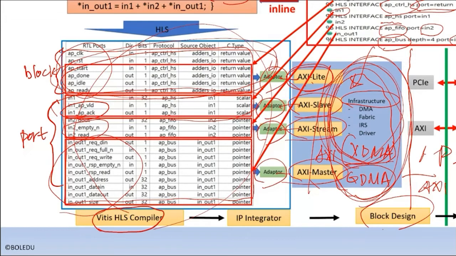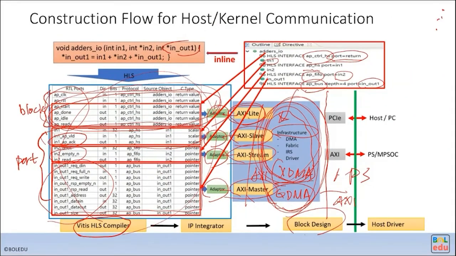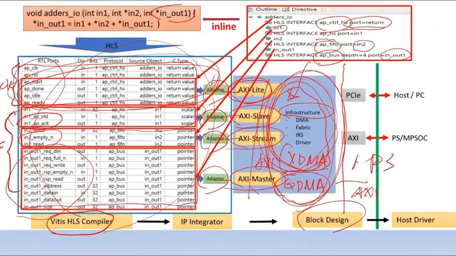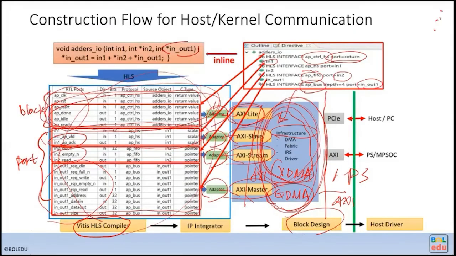However, when you want to talk to the host, for example, in the MPSoC, there will be a Xi interface between PS and PL. Or if it's PCIe, you interface with the PCIe IP, and then PCIe goes on the I/O bus. But when you interface with the PCIe IP, it uses the Xi interface too. Okay, so when you do the IP integrator, it generates those adapters, and then they become the Xi interface.